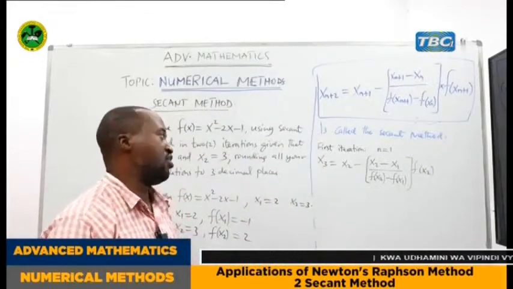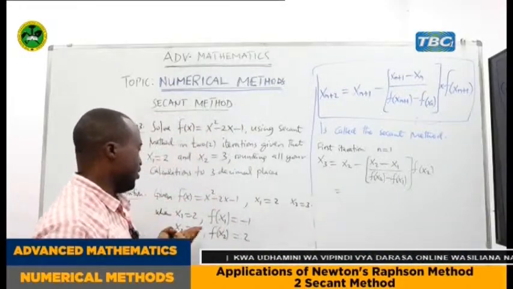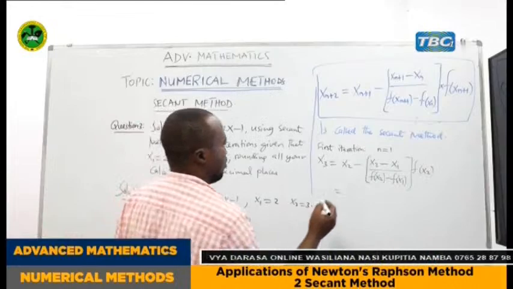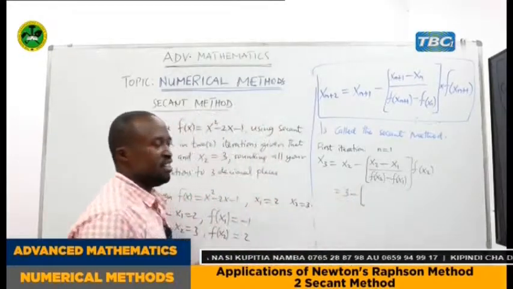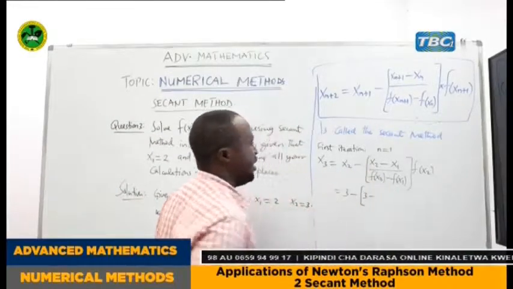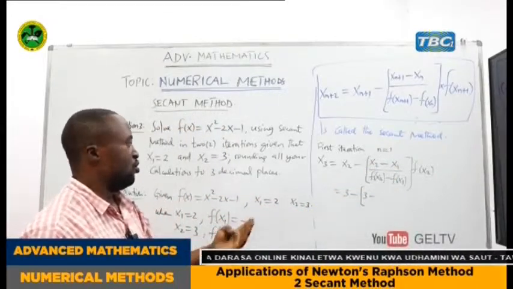So we can substitute the values we have. So x2 is 3. So here we have 3 minus bracket of, then again we have x2, that is 3, minus x1, that is 2.